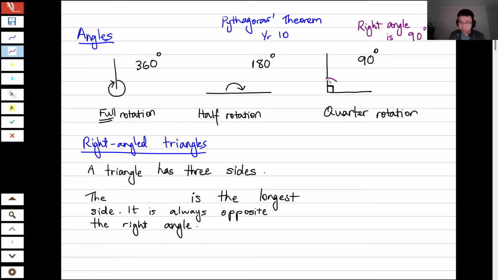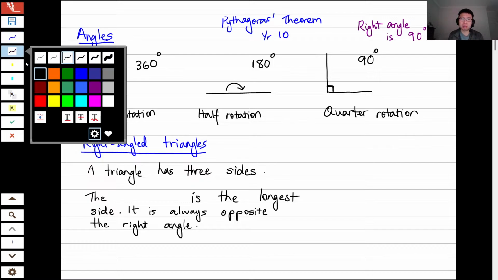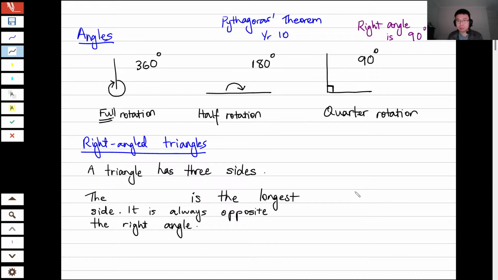Wherever you see this little square, that means the angle is 90, and that's a well-recognized symbol all around the world that every mathematician will recognize. So for example, say I draw this triangle and I draw a square.